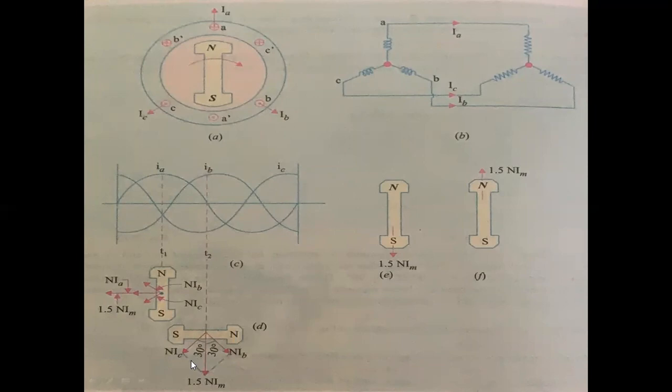Now if you see at instant T2, the poles are in the same horizontal position, and IA is equal to 0.